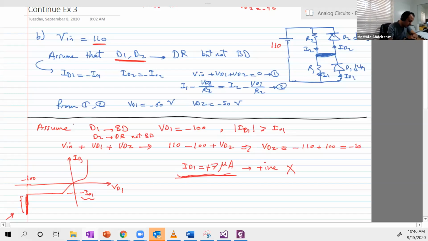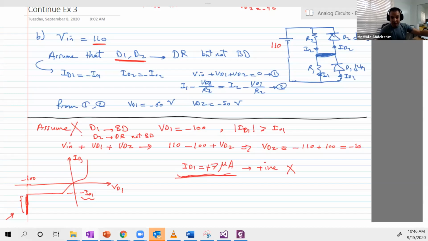Okay, so that's a good example, because from the beginning we found that VD1 equals VD2 equals minus 10, which looks reasonable because we assumed it's in deep reverse, not breakdown.